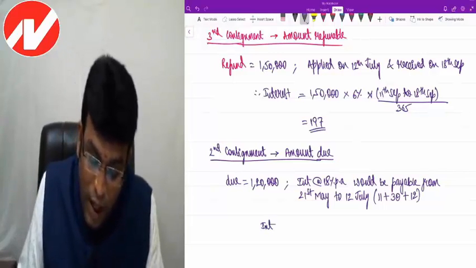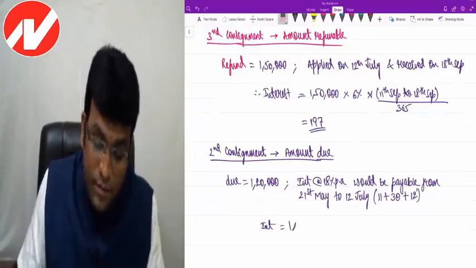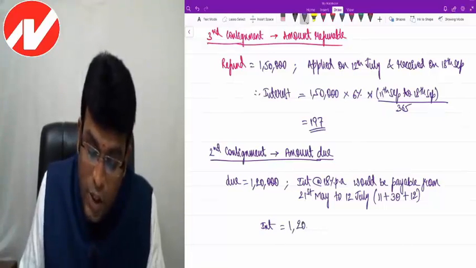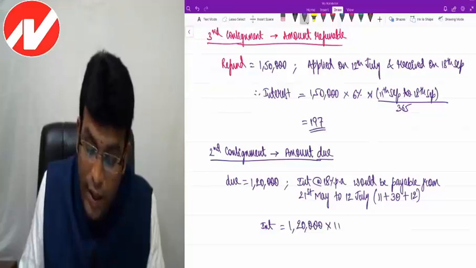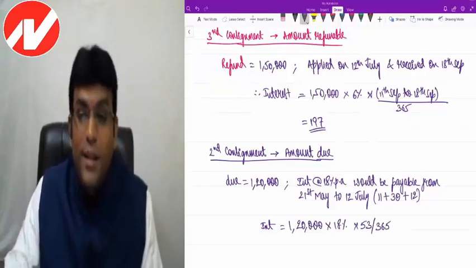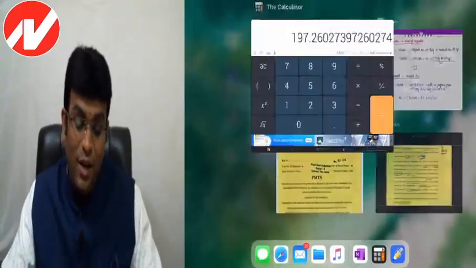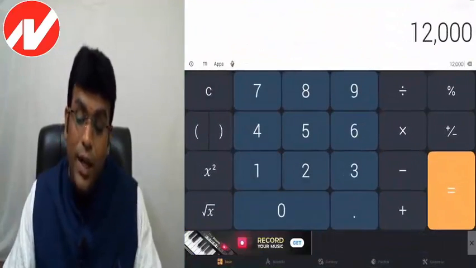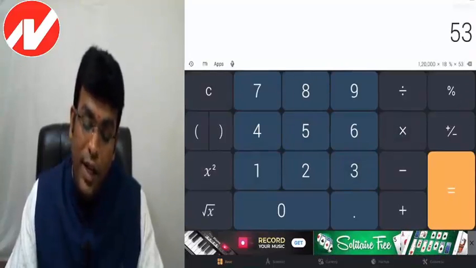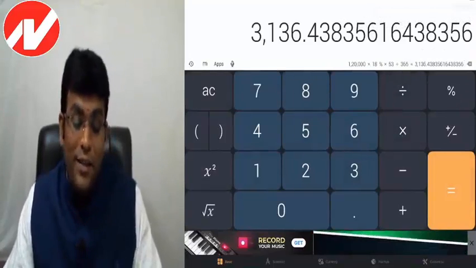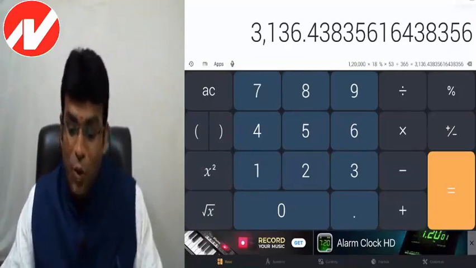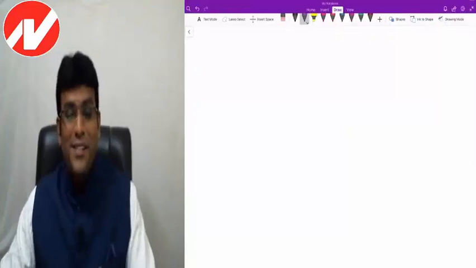So therefore, interest will be 1,20,000 into 18% into 53 divided by 365. That figure is coming to 3136.43. So rounding off to 3136.